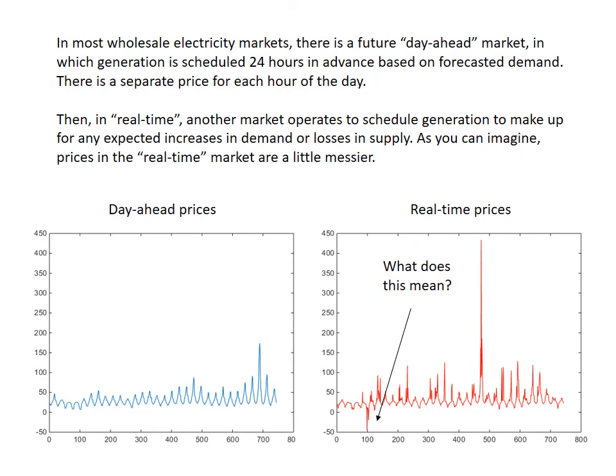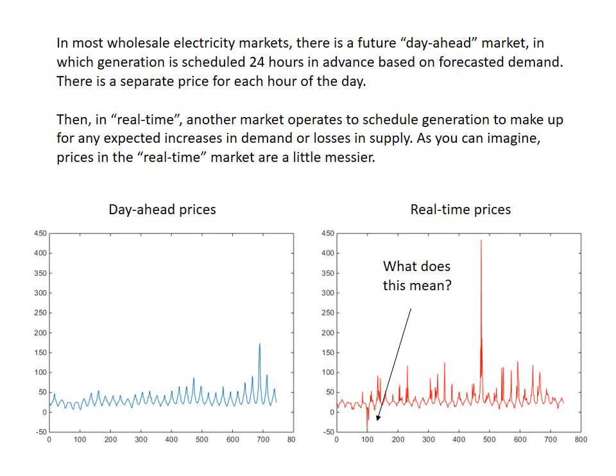Remember, we talked about how power systems are AC systems, and if you have generation that's above or below demand, that alters the frequency of the system, and you can get into situations where you deviate far enough that you can cause instability on the grid itself.